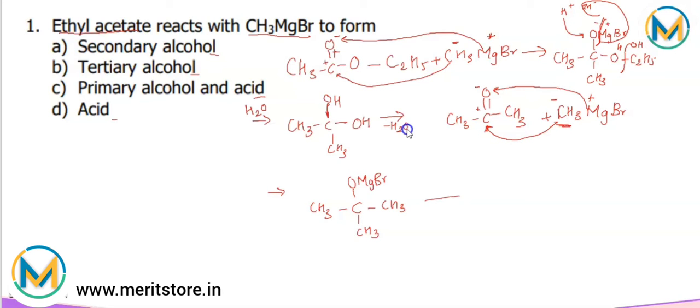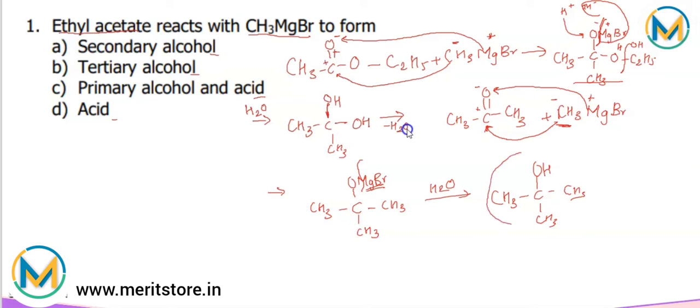Then again if we do the acid hydrolysis, just the similar step we did here will take place and this MgBr will be replaced with H plus. So you get CH3 C CH3 and this CH3 as it is, and now this O becomes OH.